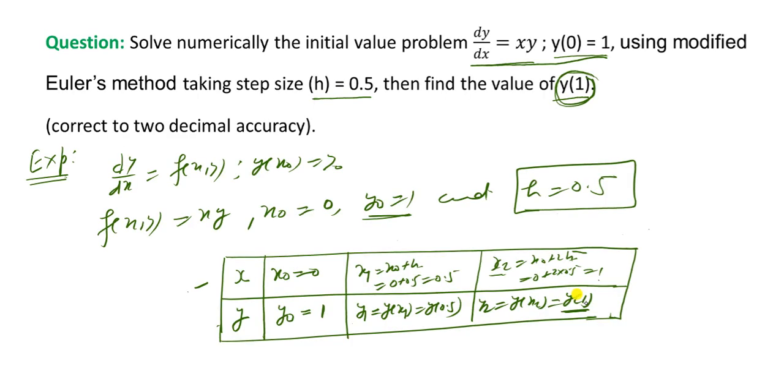In two steps: with the help of the given data we compute the value of y at x1, and then using this data we compute the value of y at x is equal to 1.